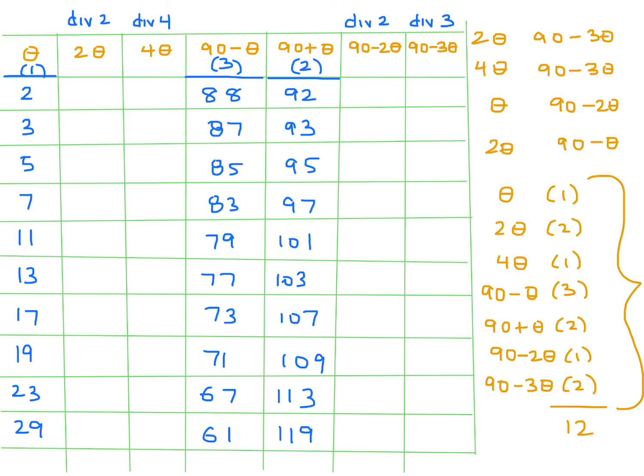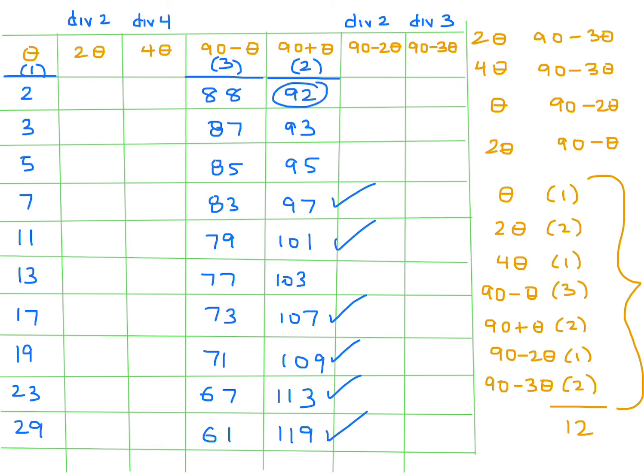Okay, let's see. Which one of these are prime, prime, prime? And when I look through the list, I think we have a hit right here. 19 gives me that, so does 23, and so does 29. Is there any more? The 11 one, this one also. Yeah, that'll do it.